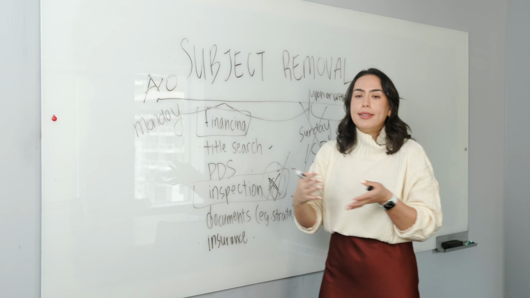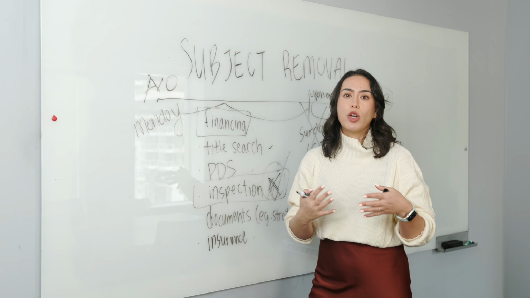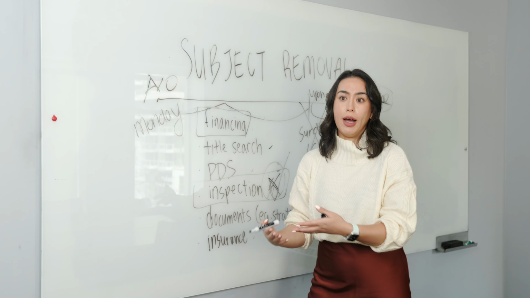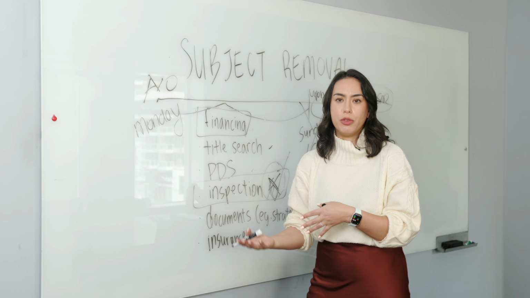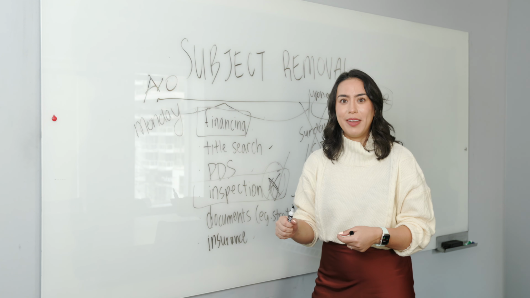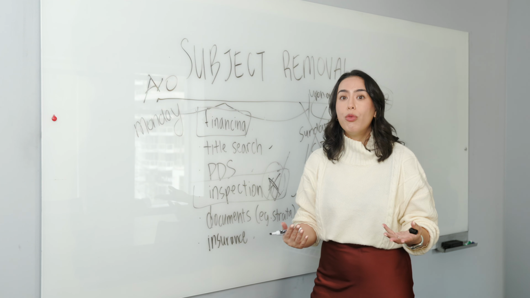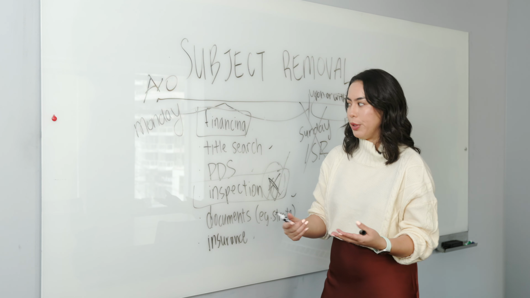So in order to get this extension, the buyer is going to need to send an addendum that requests that subject removal period be extended, or a particular subject's subject removal period be extended. The seller would have to agree to that. They would sign off on the addendum, and then it would be official, and hopefully they can satisfy that particular subject by this new allotted period of time.